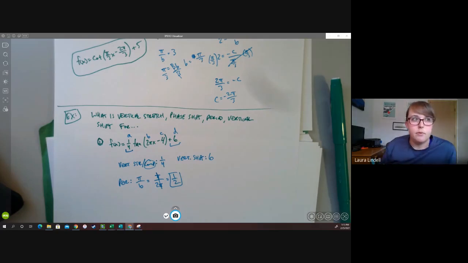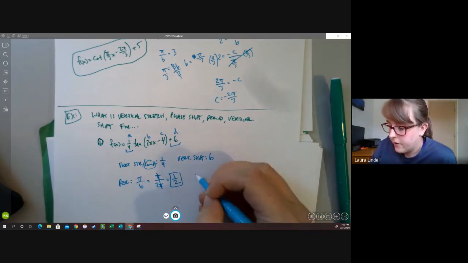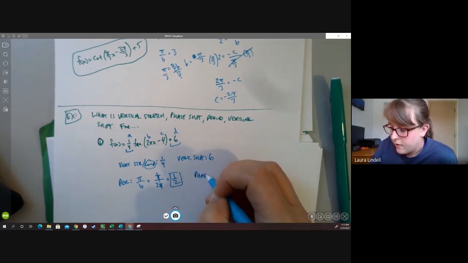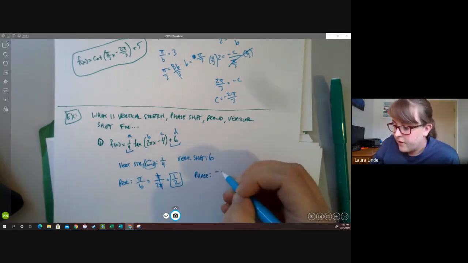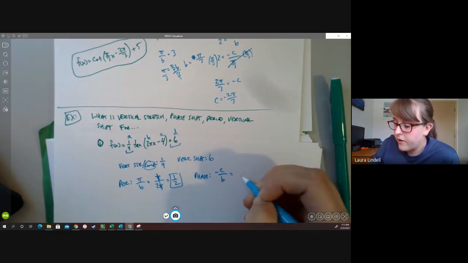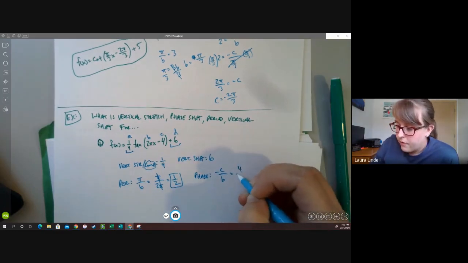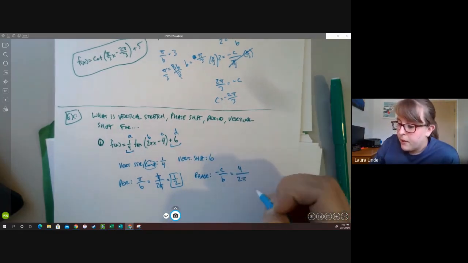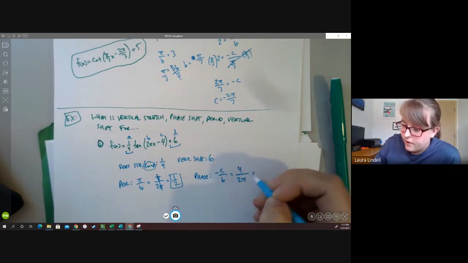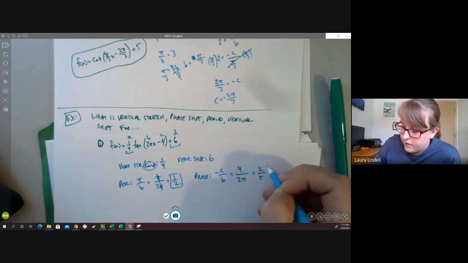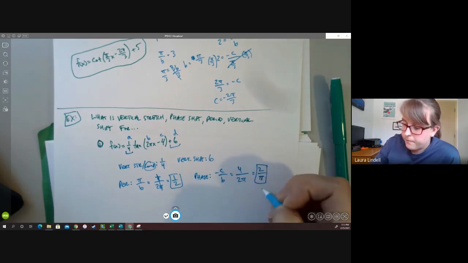And then lastly, we want that phase shift. So C is -4, phase shift is -C over B, so -4 would be +4. B is 2 pi. So in this case, the phase shift is 2 over pi if we reduce that.